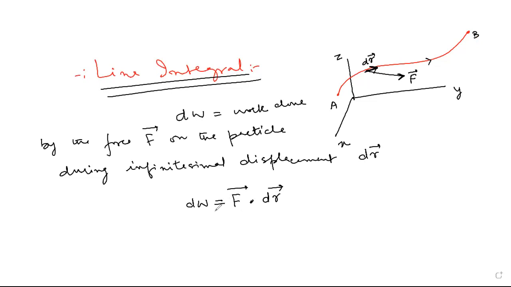So dw is the work done by the force F on the particle during infinite small displacement dr, and by definition this dw is F dot dr.